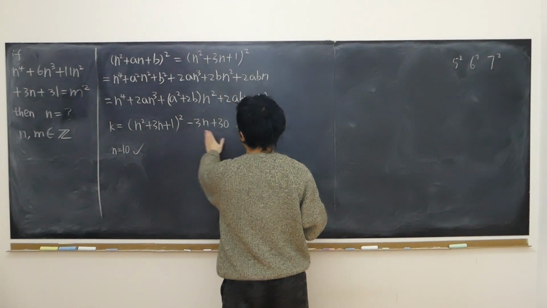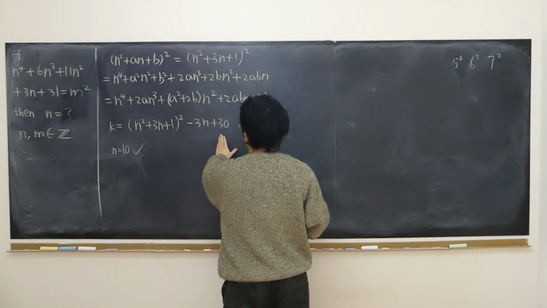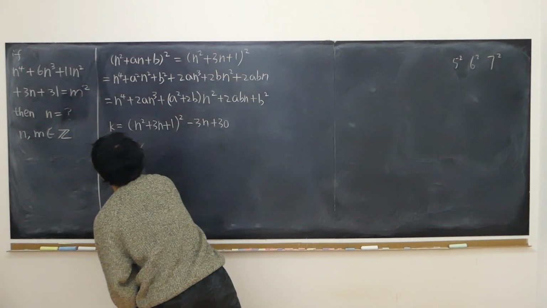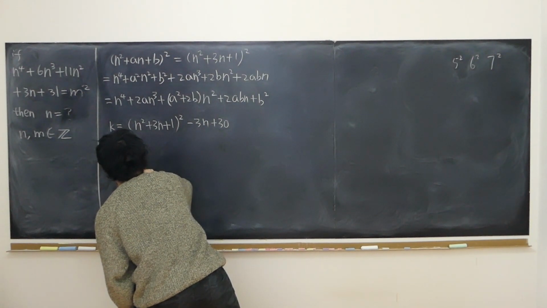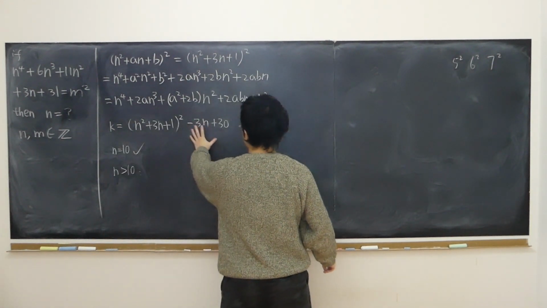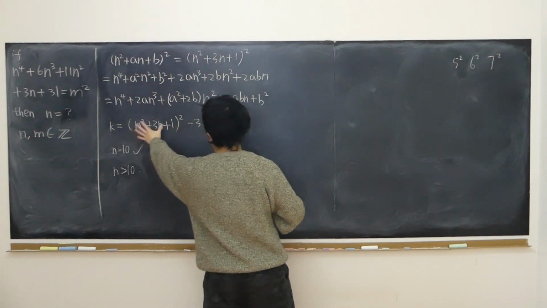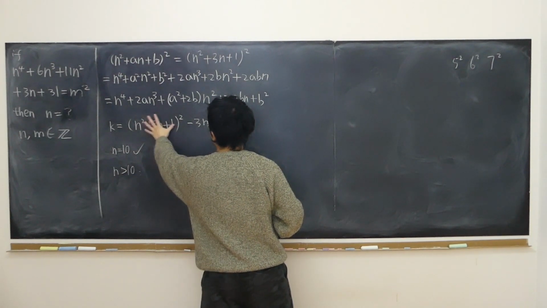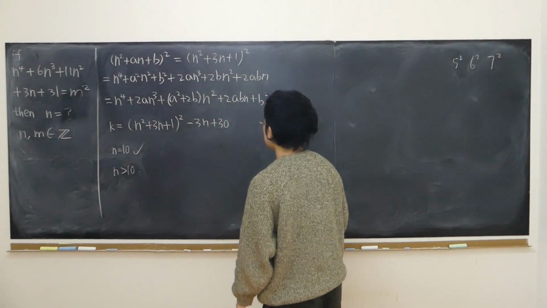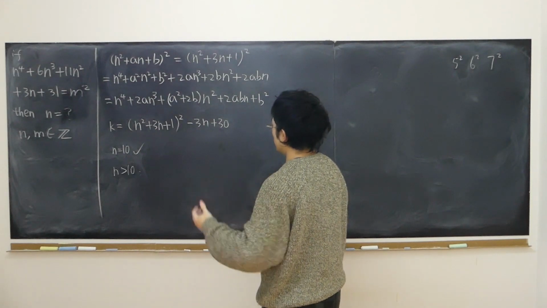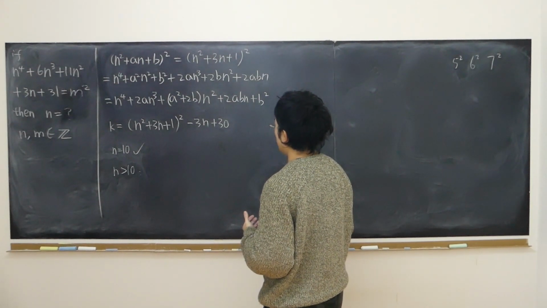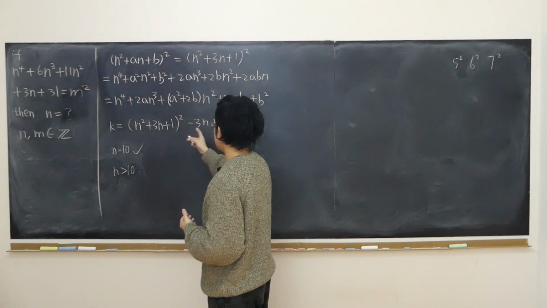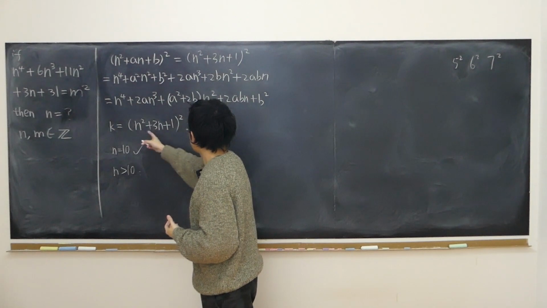So in other words, when this term is negative, so when n is larger than 10, what will happen? If n is larger than 10, that means this term is negative. That means this whole term will be strictly less than this term, right? So in order for it to still be a perfect square, this whole thing has to be strictly less than this perfect square.